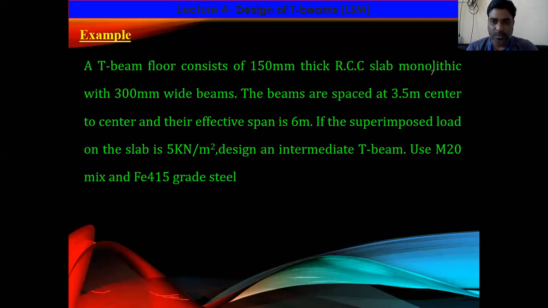If the superimposed load on the slab is 5 kilonewton per meter square, design an intermediate T-beam. Use M20 grade concrete and Fe 415 steel.